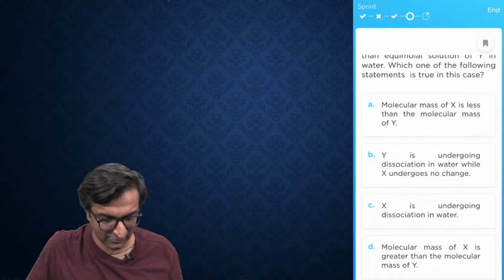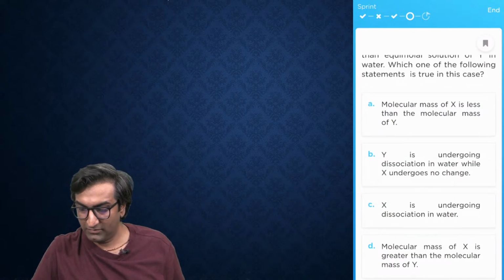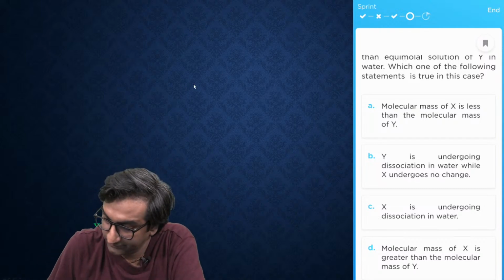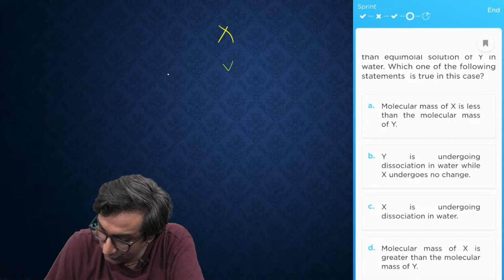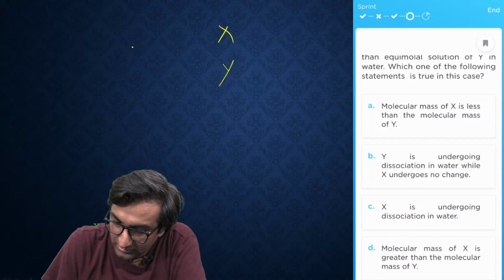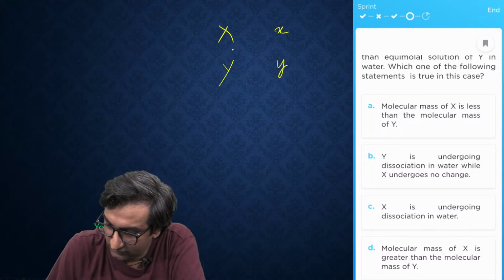0.2 मोल पर किलोग्राम. It doesn't matter what 0.2 is, the actual value does not matter. But we are just saying that boiling point of, say, okay, let's say X and Y. Solution X, solution Y. Molarity is say X, इसका Y हो गया.